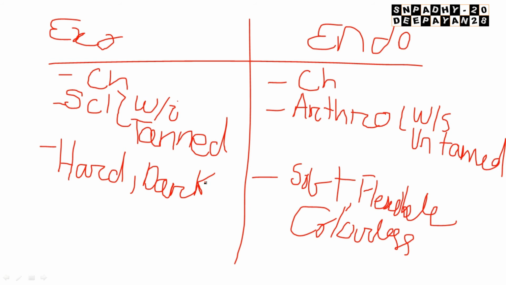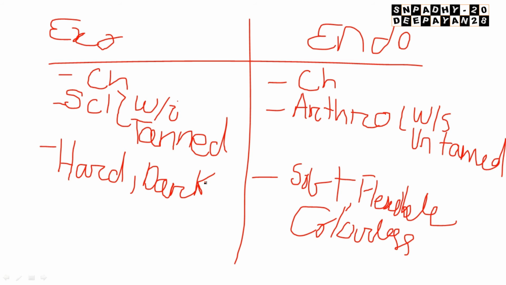In both the cases, chitin is present but absent in case of epicuticle. In exocuticle sclerotin protein is there, in endocuticle arthropodin protein is there. Sclerotin is water insoluble, arthropodin is water soluble. Sclerotin is tan, arthropodin is non-tan. Exocuticle is hard and dark, endocuticle is soft, flexible, and colorless.